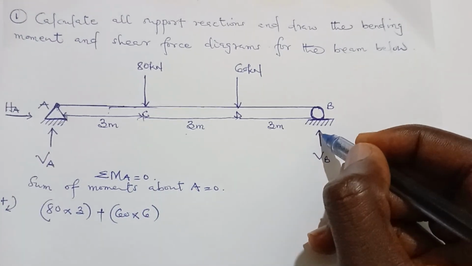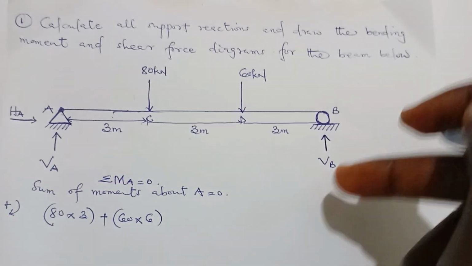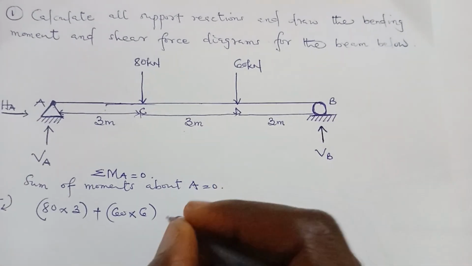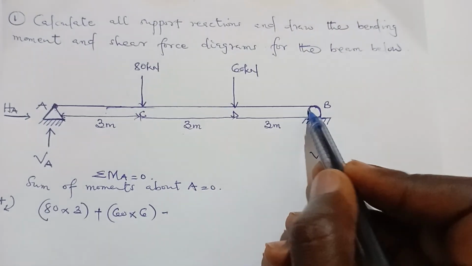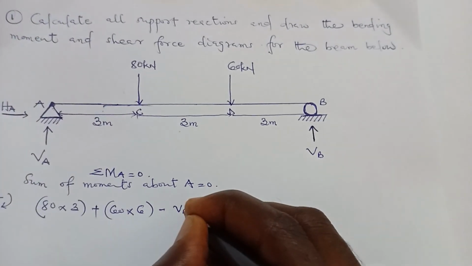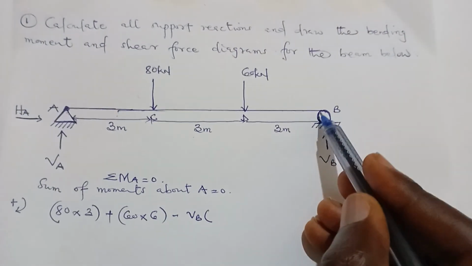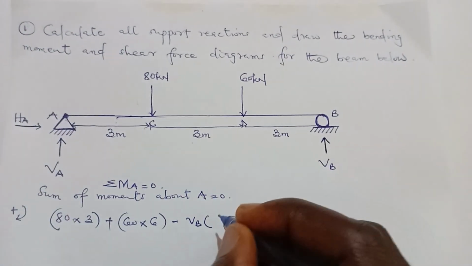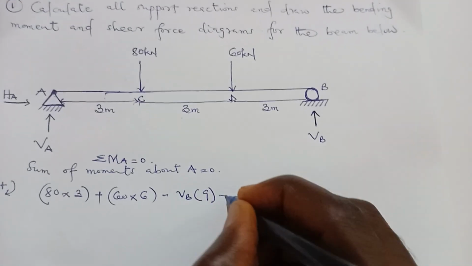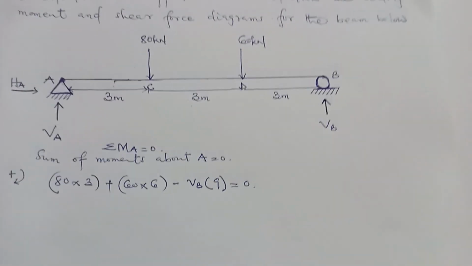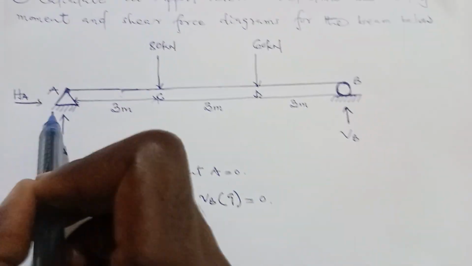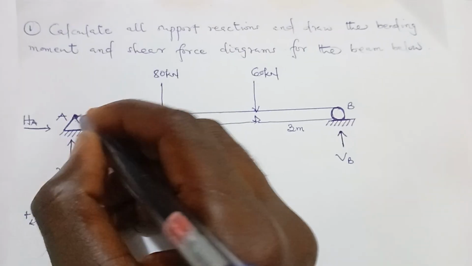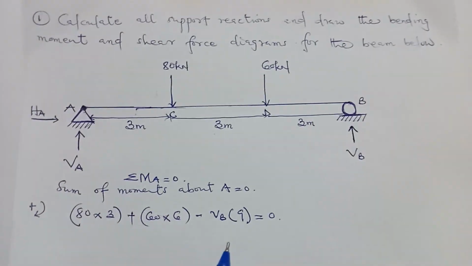This vertical reaction will cause an anti-clockwise moment, so that's going to be minus VB multiplied by the perpendicular distance, which is 9, equal to 0. The horizontal reaction will not cause any moment because it is acting at where you're taking the moment. So there will be no perpendicular distance, so it will be 0.